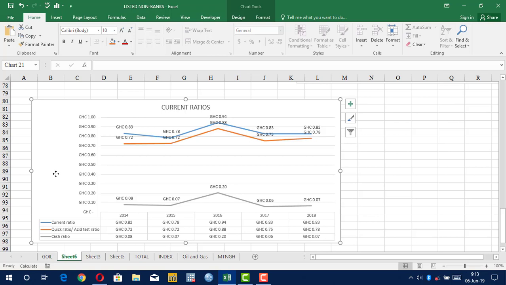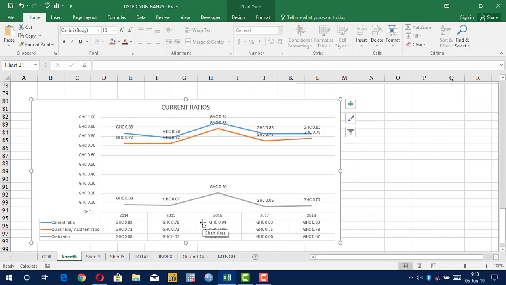Alright, so how do you use your current assets to pay up current debts? From what we are seeing, focusing on just the current ratios, that is encompassing all the current assets, we can see that the company cannot pay up its current liabilities even up to once or more than once, because in here we are seeing just 83 pesos, like 0.83 in 2015.